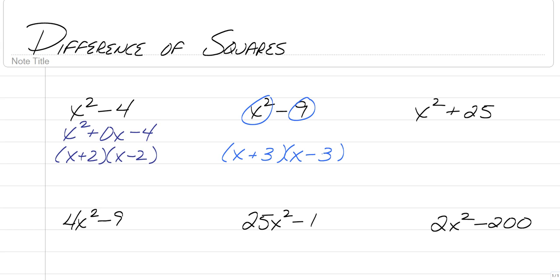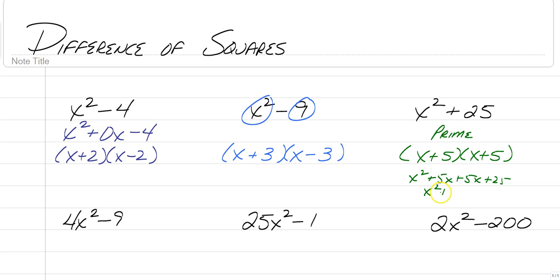Now again, like I said, it only works for the difference of two squares. It does not work in this case, so this is going to be prime. Okay, so the answer is prime. And if you don't believe me, and you want to say, no, I think it's x plus 5 times x plus 5, then I'm going to tell you to go FOIL that. x times x is x squared, and then x times 5 is 5x, and x times 5 again is 5x, and then 5 times 5 is 25, and you get x squared plus 10x plus 25.